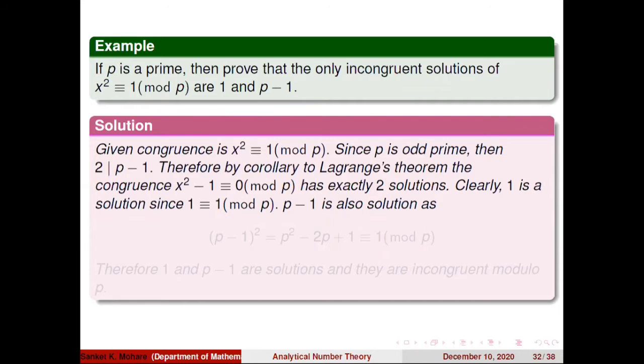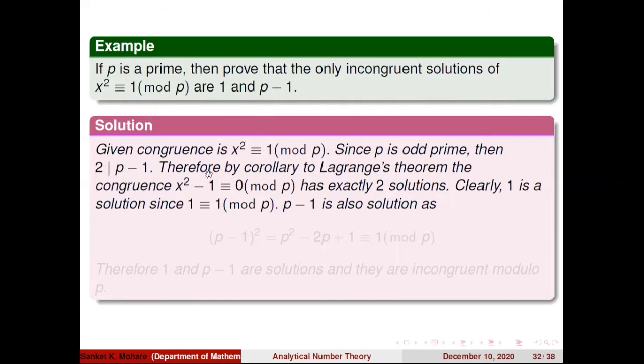So as 2 divides p minus 1, x squared minus 1 congruent to 0 mod p has exactly two solutions. Clearly 1 is a solution. Now we have to prove that 1 and p minus 1 are those solutions.